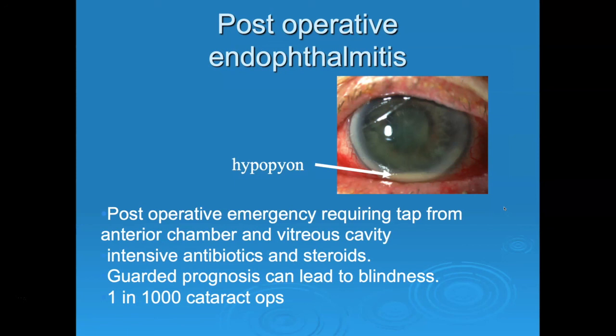Having tested the visual acuity and found it to be poor, you may find that there is a fluid level of white blood cells contained within the anterior chamber, a so-called hypopyon, in addition to the red eye. That needs an emergency referral to the eye department so that we can treat it with antibiotics, both topically but also injected directly into the eye.